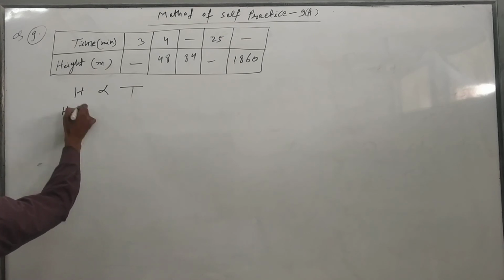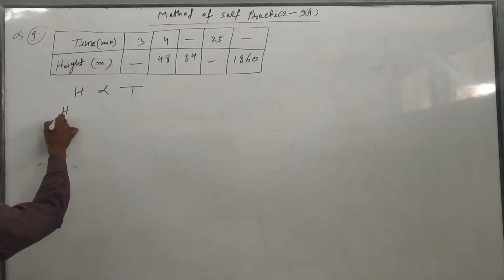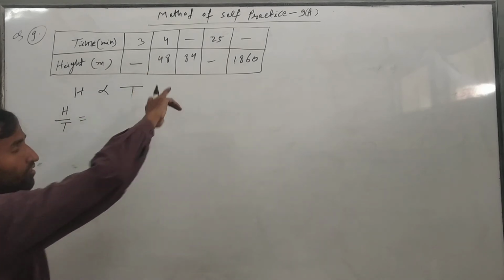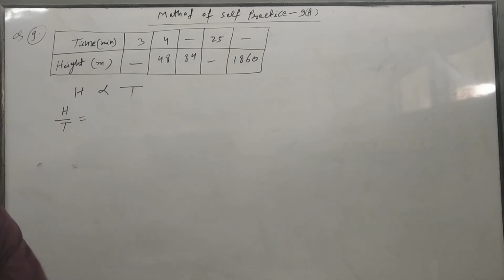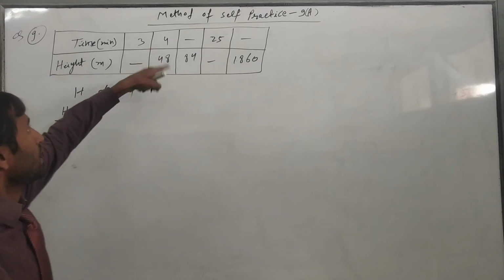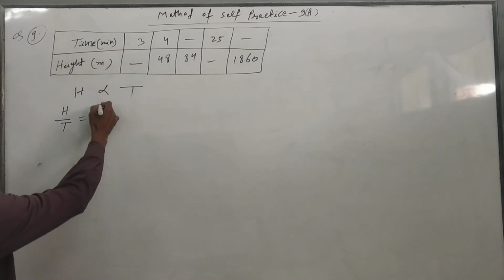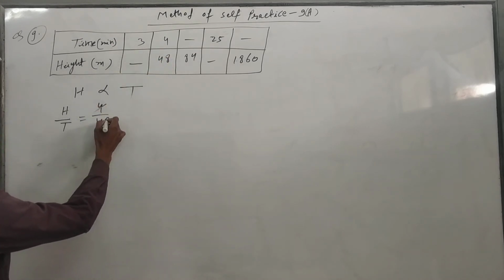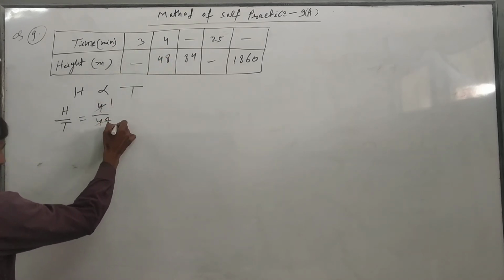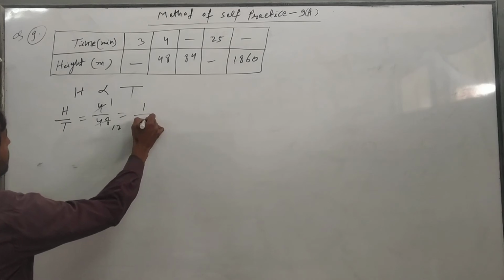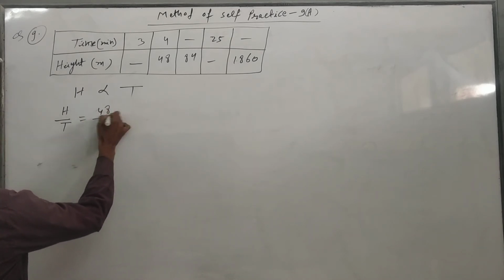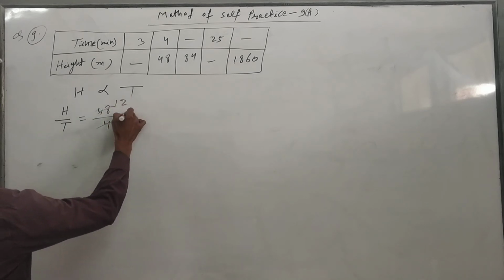It means the ratio of h and t is equal to a constant. Whichever pair of values is given, find the ratio from there, then you can compare with the other values. So 48 upon 4 will come 12 upon 1.